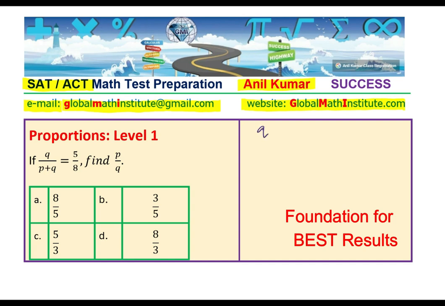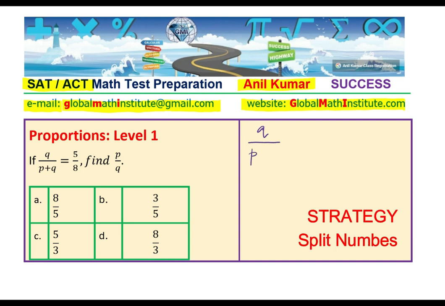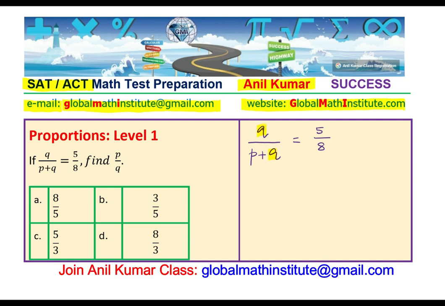What we are given is Q over P plus Q equals 5 over 8. As you can see, Q's are common, right? So 5 and 5 you can place for the Q. It gives an idea that the number could be 5, and what plus 5 gives you 8?